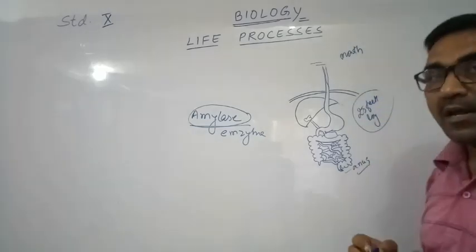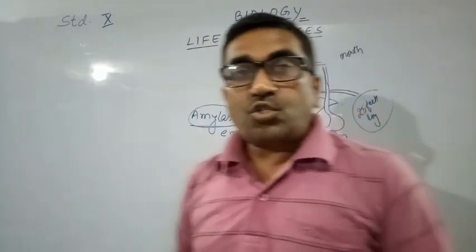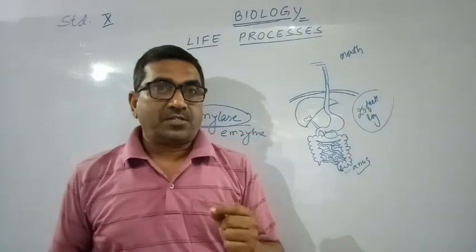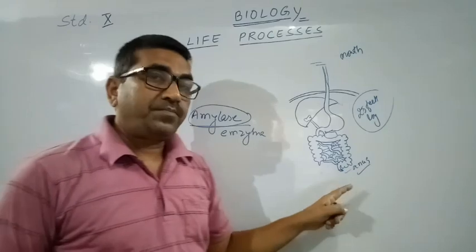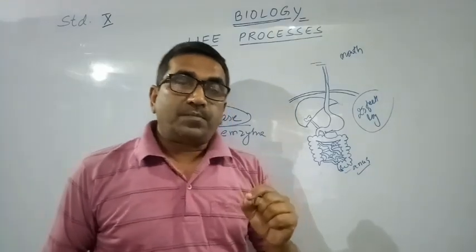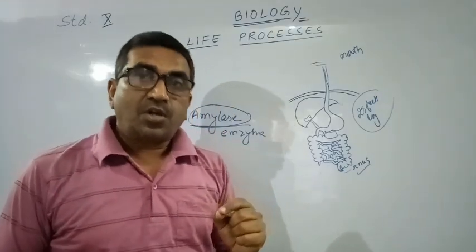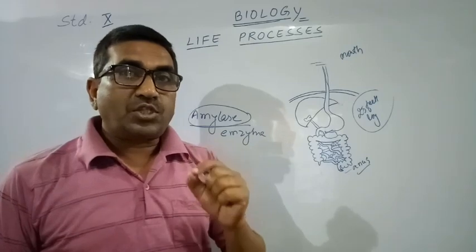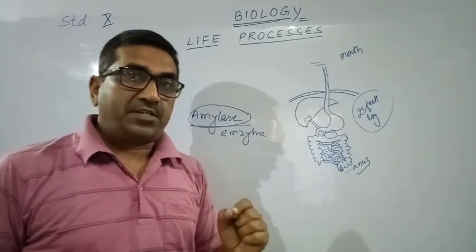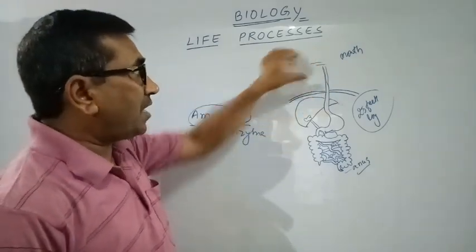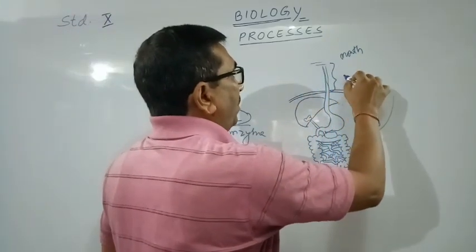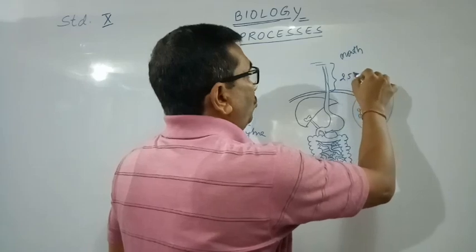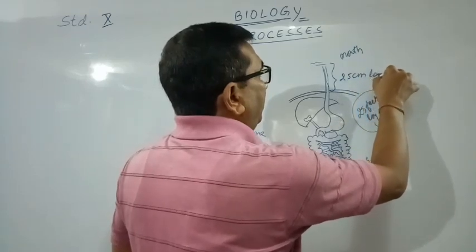This is the alimentary canal, or gastrointestinal tract, starting from the mouth to the anus. In this gastrointestinal tract, the oesophagus or food pipe is 25 centimeters long.